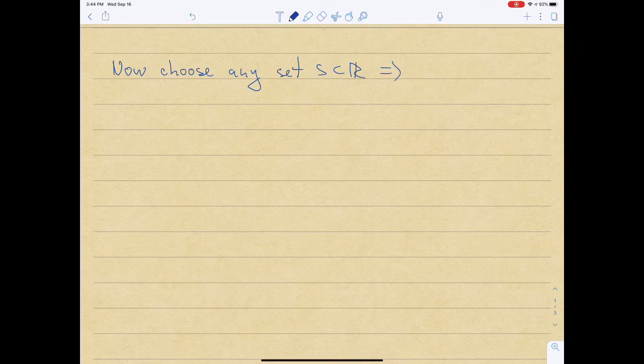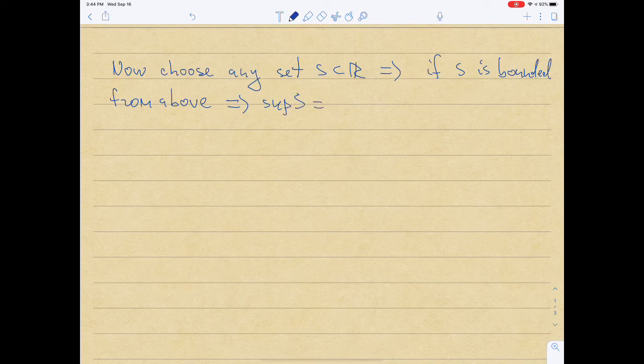If S is bounded from above, then the supremum of S is some finite real number.